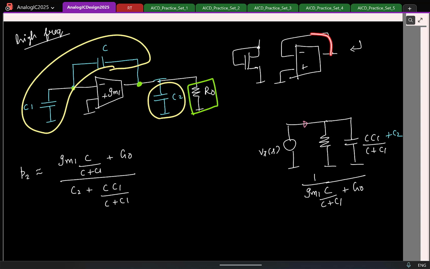Again, remember, if I have a connection like this, that is 1 by Gm, but here I don't feed the entire signal back to the inverting terminal. Only a fraction of the signal is fed back, so we have Gm times the capacitive division, which is C by C plus C1. So this is what we get from our attempt at understanding the location of the pole.